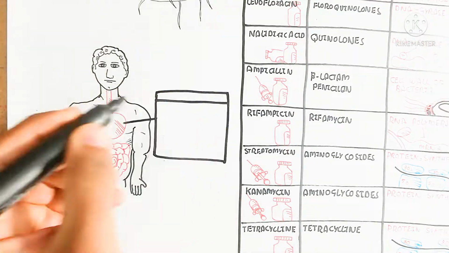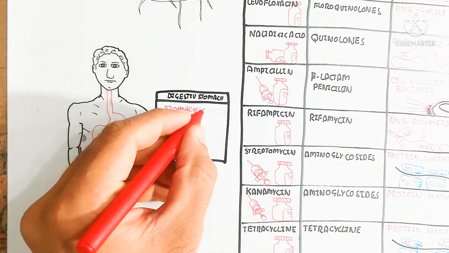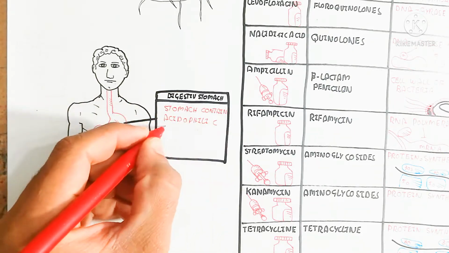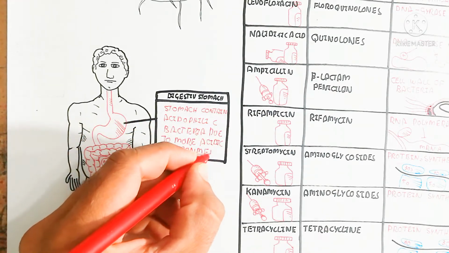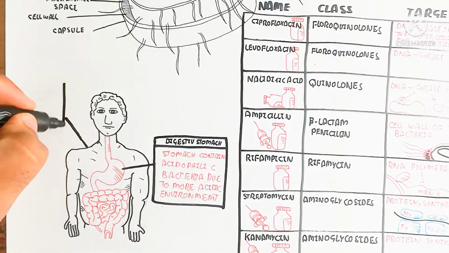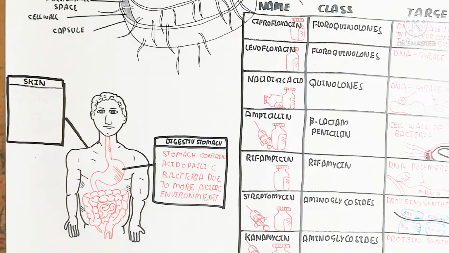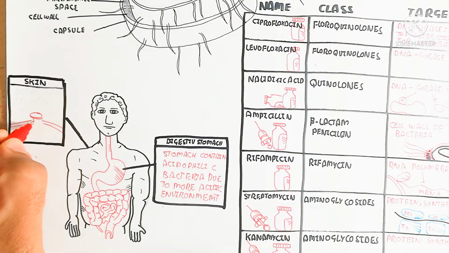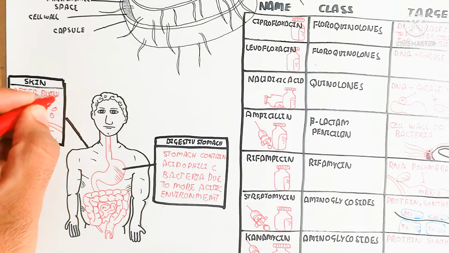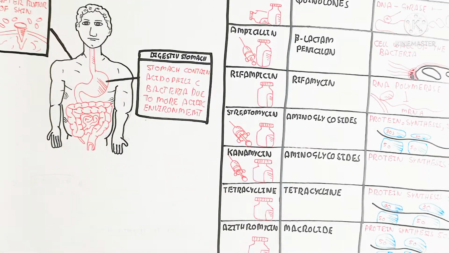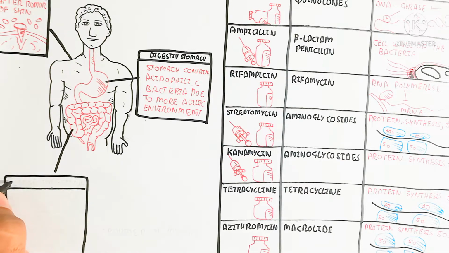Now we will discuss a little bit about the bacterial colonies in our body. The stomach contains acidophilic bacteria due to the highly acidic environment. It is protected from the digestive system by the mucous membrane present in the stomach, which is also an acid prevention barrier, and whenever an ulcer occurs, the chances of infection increase. The skin also contains a microbiome, and after rupture of the skin, infection can be created.